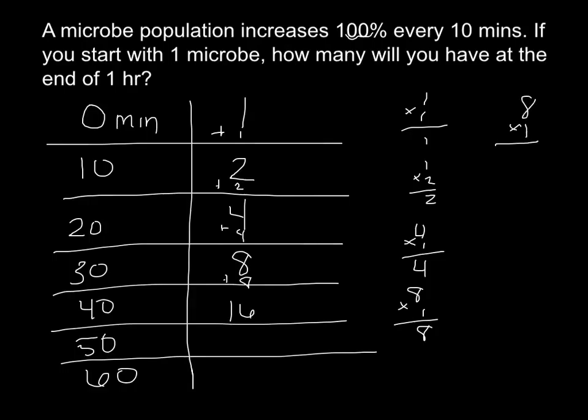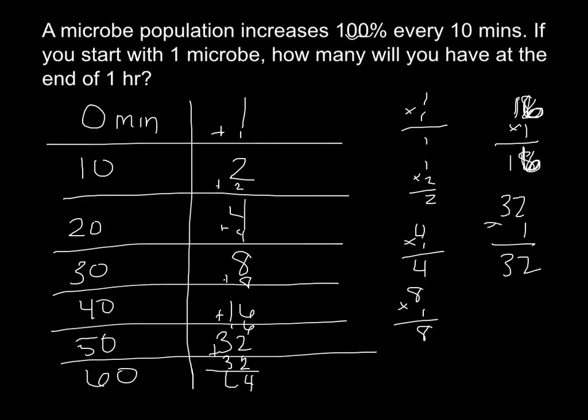Oh, sorry, 16 is the new number we have. So I have to add 16. I'm going to get 32. 32 times 1 equals 32. Add another 32 in there. I'd get 64.